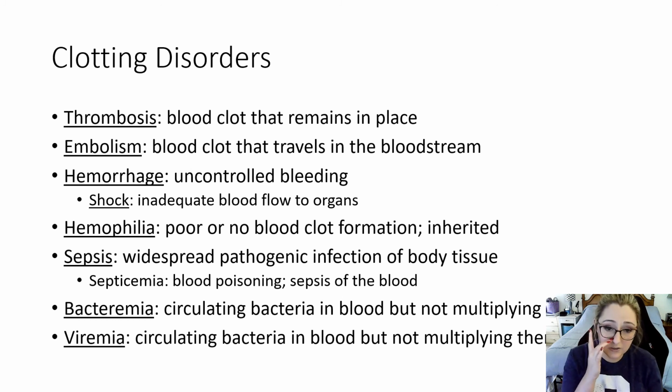Some clotting disorders, because this can happen, as well as blood disorders in general, are a little bit to talk about. We have thrombosis, which is where you have a blood clot that remains in place. This is important because if that clot breaks apart or dislodges and travels through the bloodstream, it can cause an embolism.